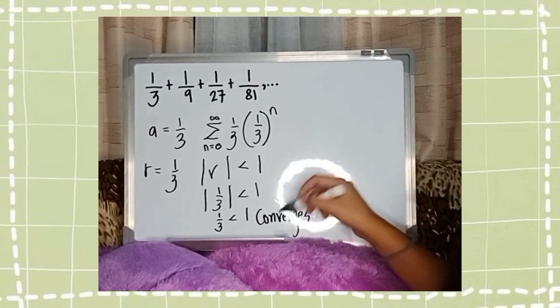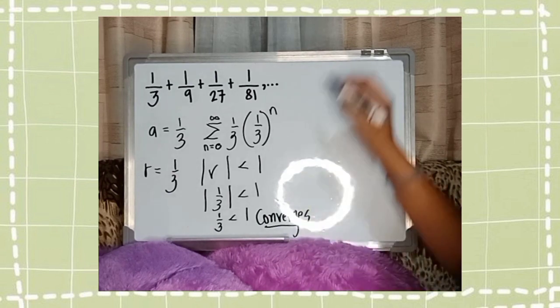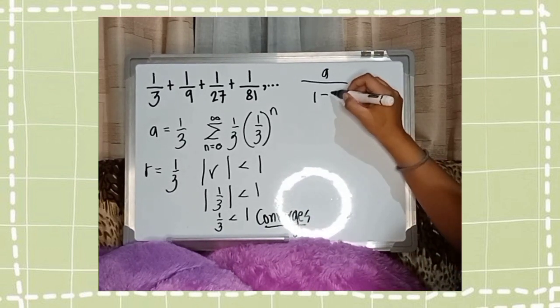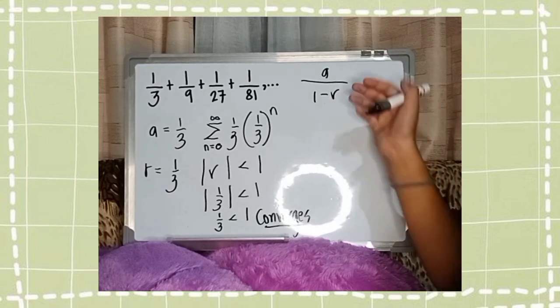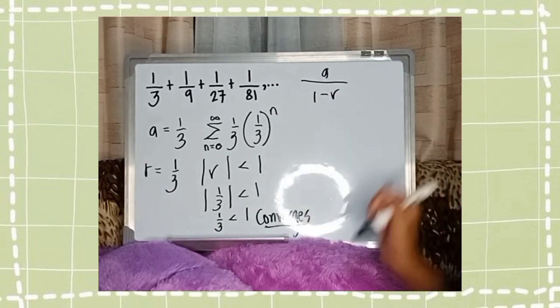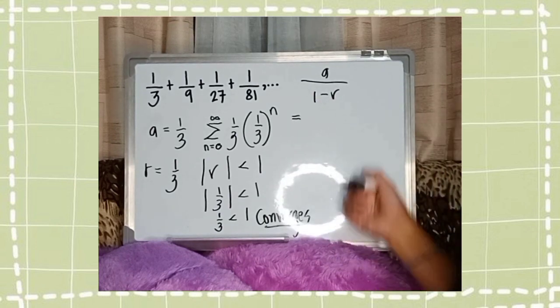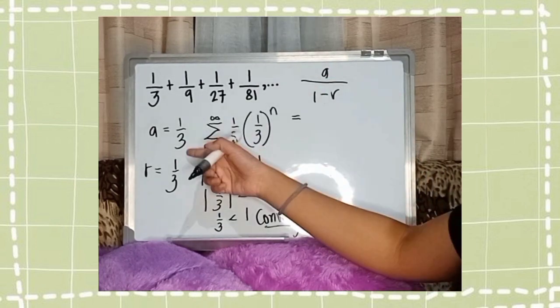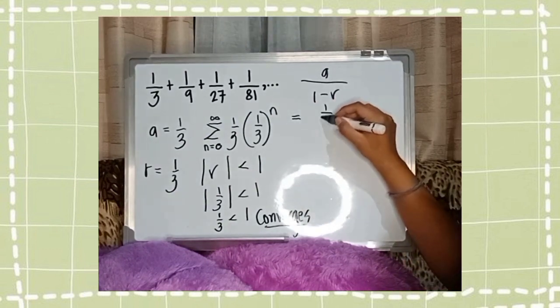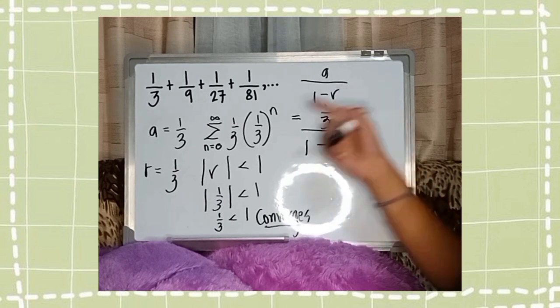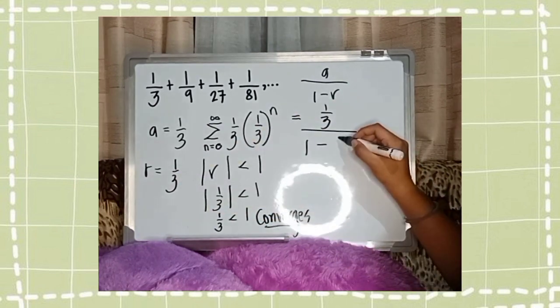And since it converges, we will use the formula A over 1 minus R in order to determine where this series converges. So in this case, we plug in the value of our A, which is 1/3, all over 1 minus R, which is also 1/3.